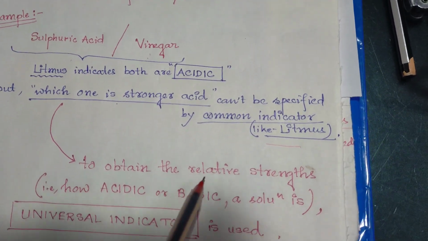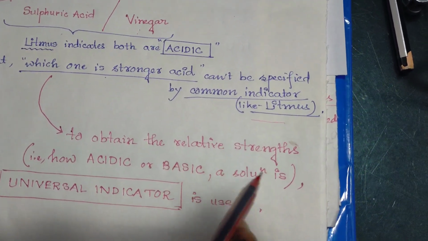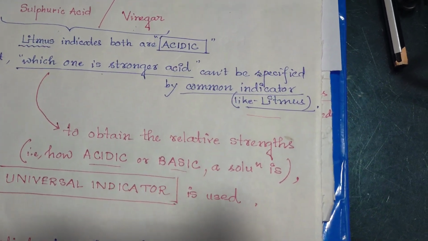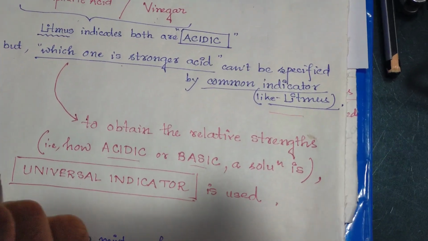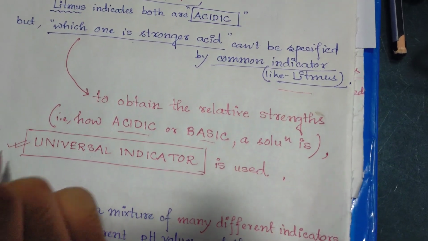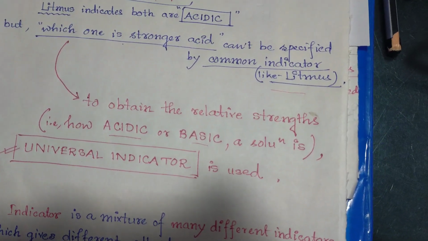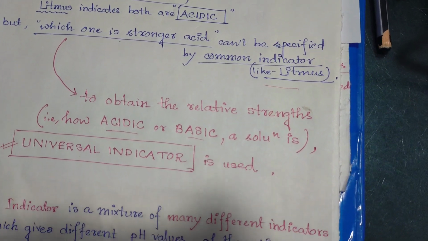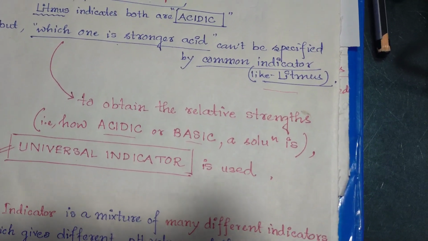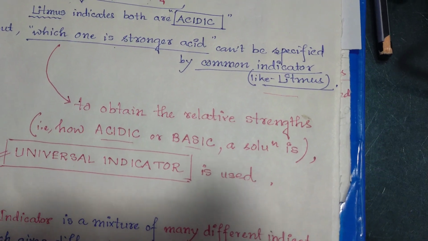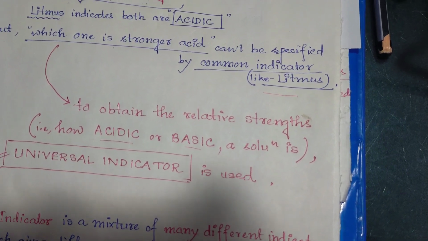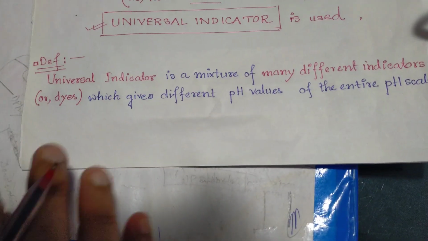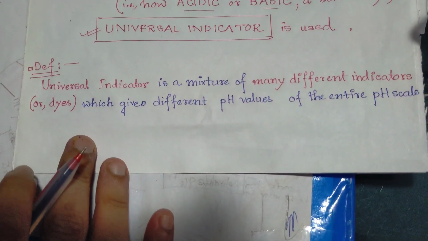To obtain such relative strengths, that is how acidic or how basic a solution is, we need a universal indicator. This is the utility of universal indicator, to measure the relative strength of acidity or basicity of a compound. So what is the definition of universal indicator?